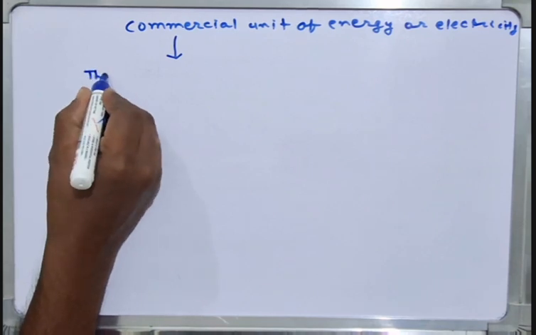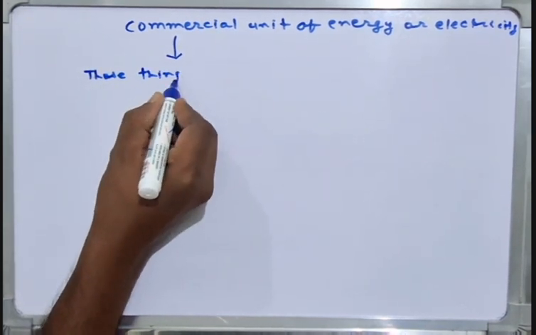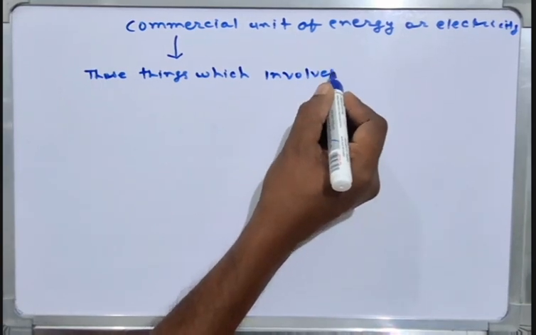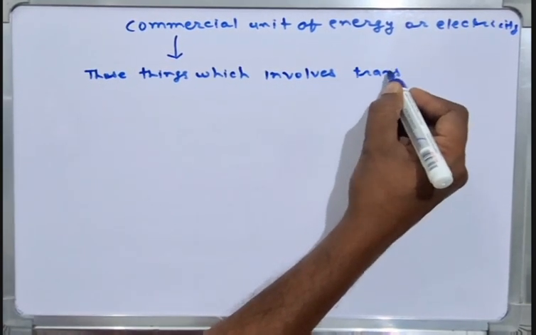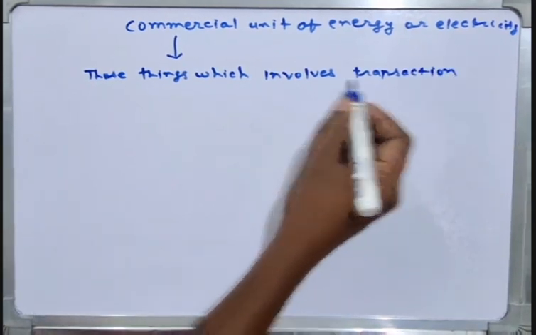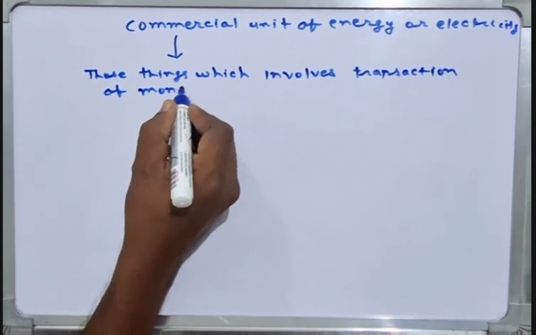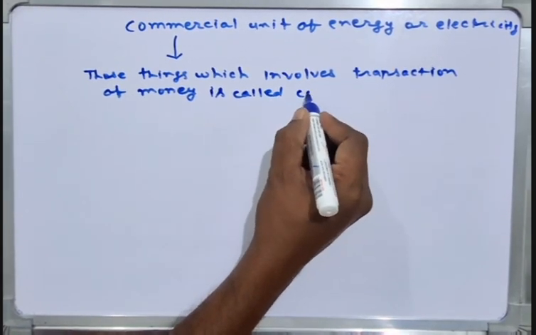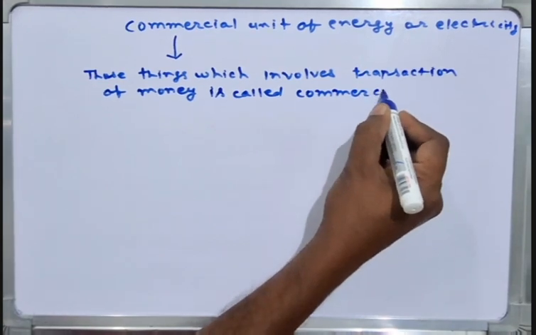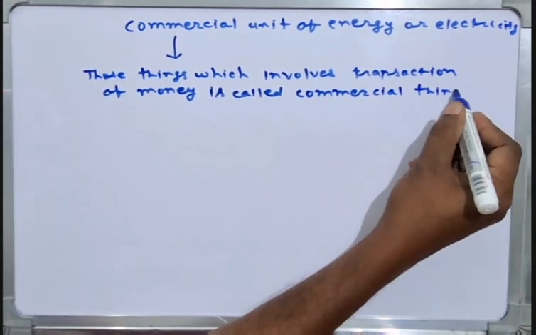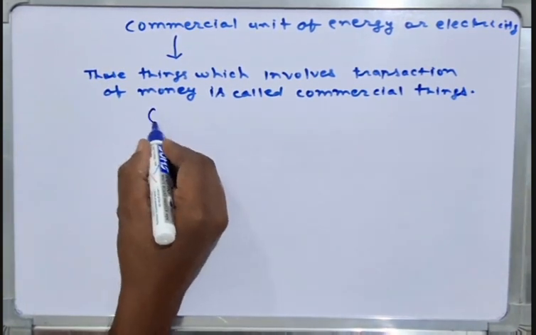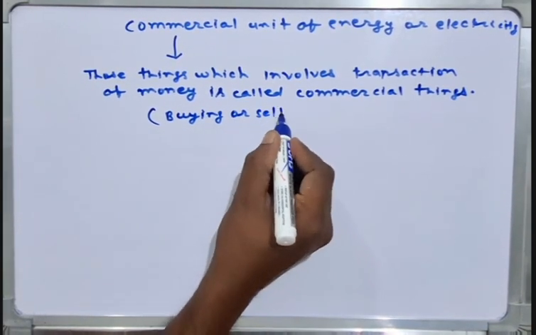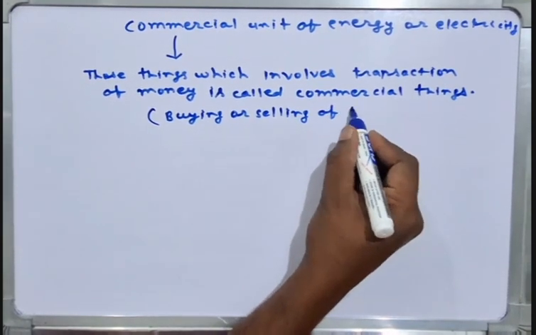Those things which involve transaction of money are called commercial things, or in other words, buying or selling of things.